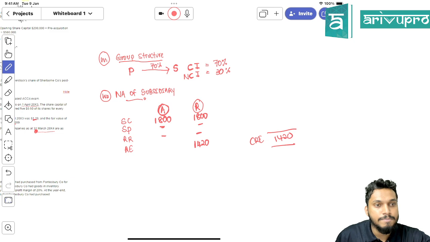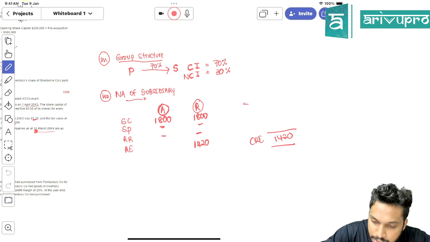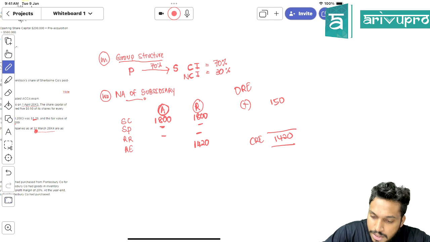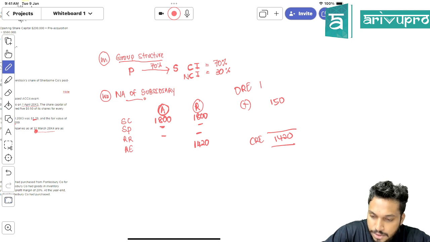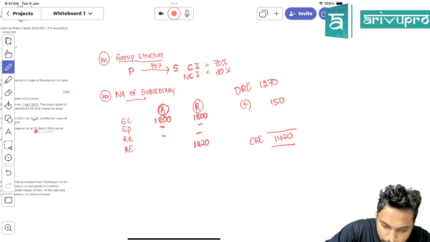Am I correct? So profit for the period is 150. So the opening retained earnings is going to be 1420 minus 150, which is how much? 1270. So your opening retained earnings is going to be 1270.